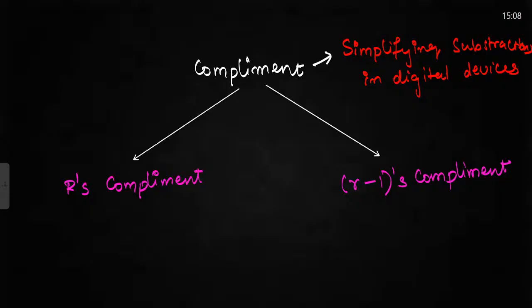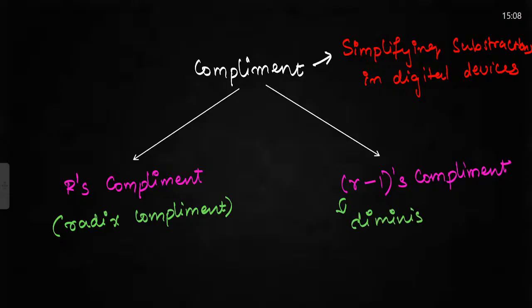Another name for R's complement is radix complement. And R minus 1 complement is known as diminished radix complement. So I think you understood what we are calling R's complement and R minus 1's complement.